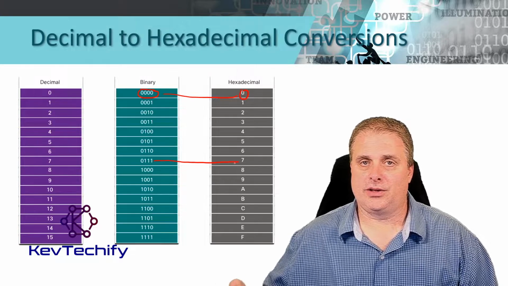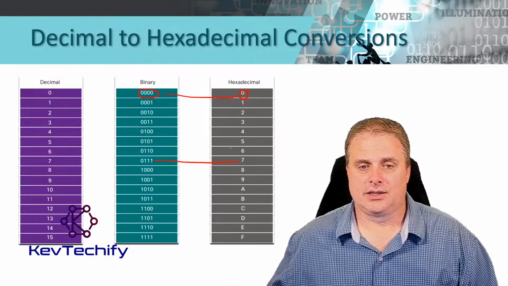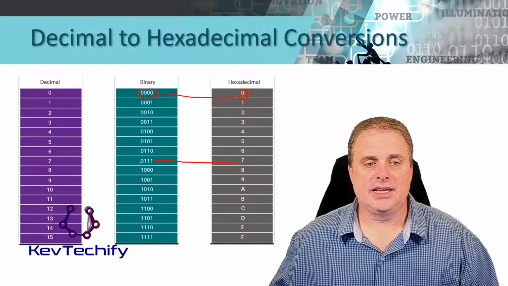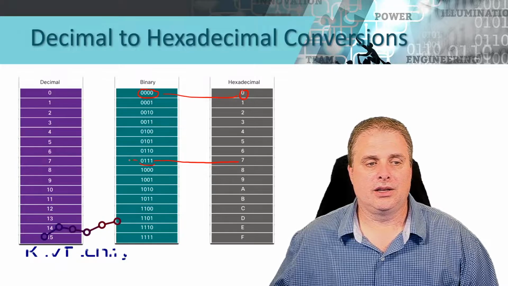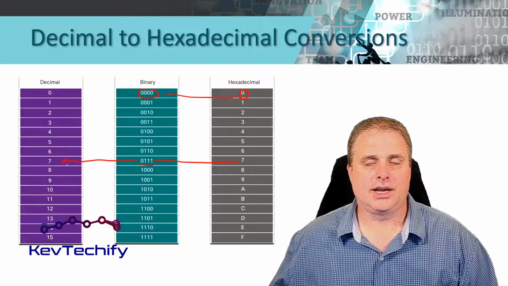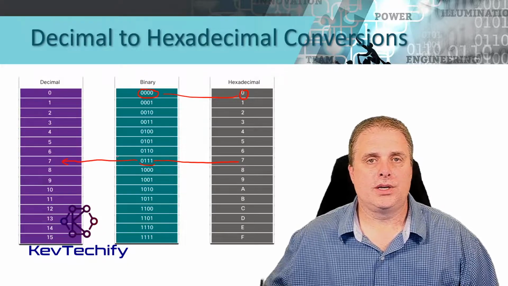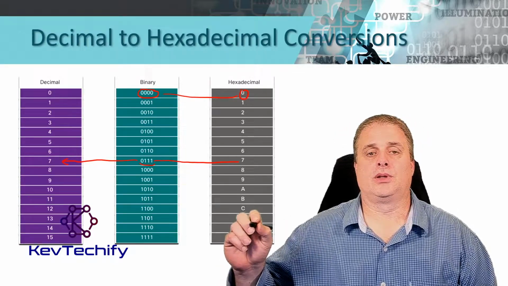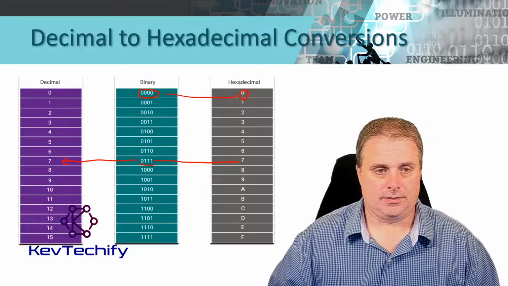Once again, remember, values always start with 0. So that's easy, that's 7. And then you can easily convert this into a decimal number. Always go to binary when you're going from decimal to hexadecimal or hexadecimal to decimal.